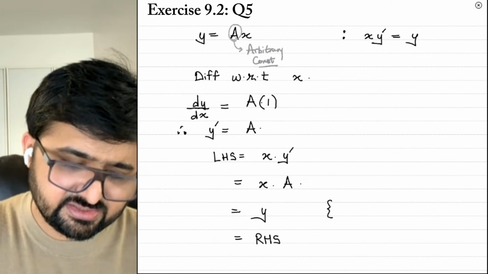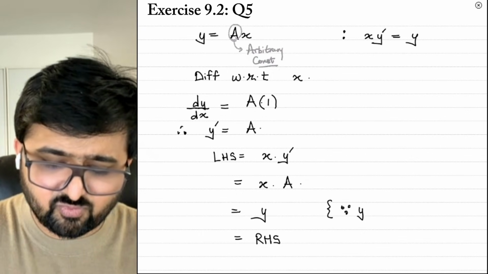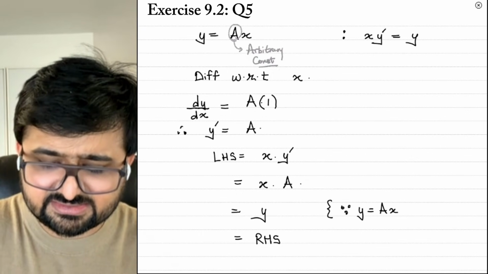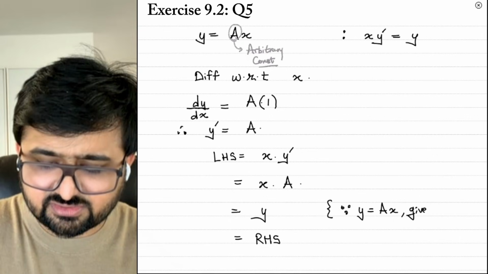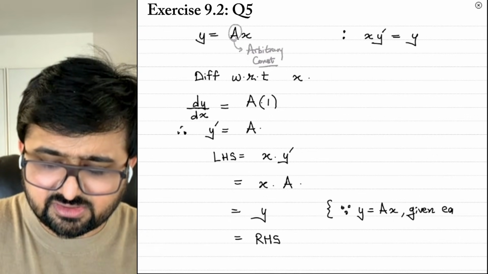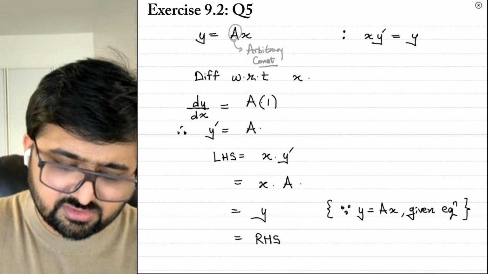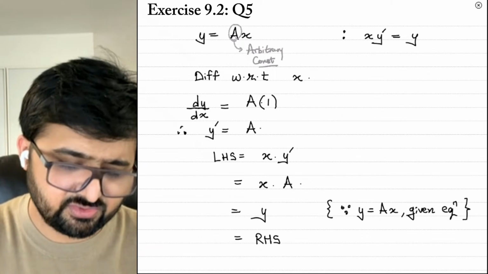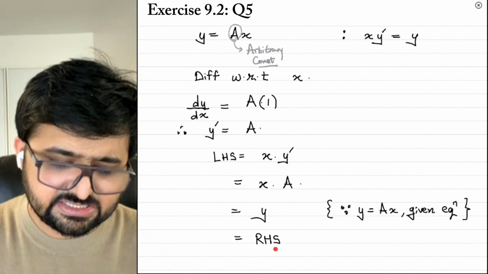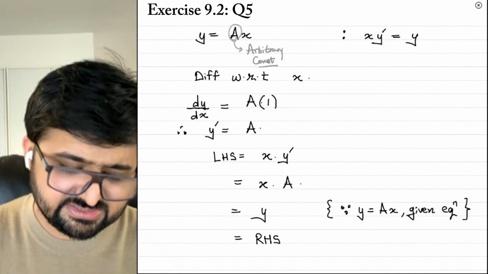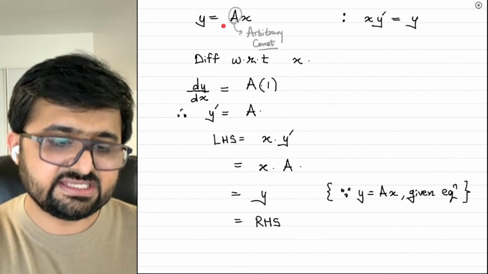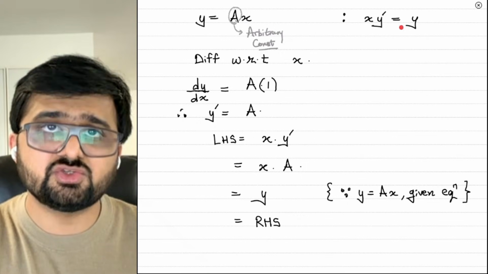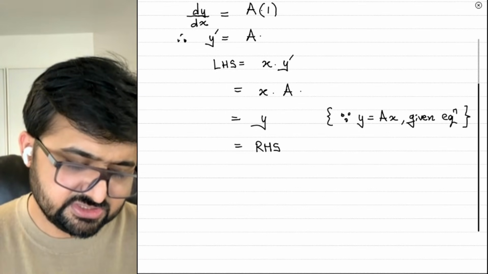Here we can say since y is equal to ax, given equation. Because x times a times x is nothing but y. So you can replace that x times a with y, and that you get RHS. Therefore, we can say that this equation in x and y is a solution of this differential equation. So we can write that.